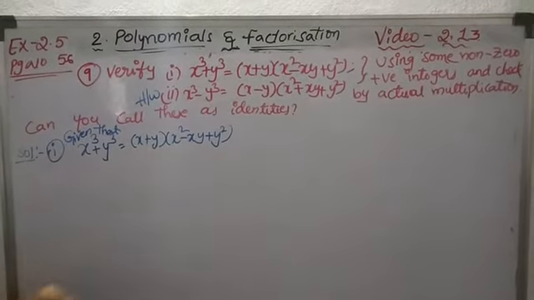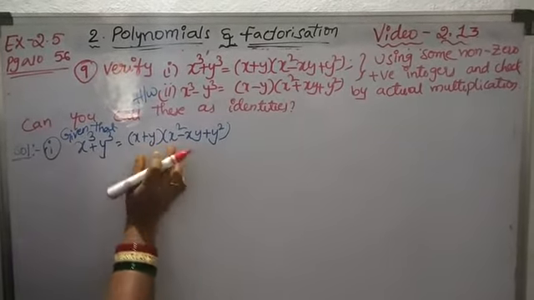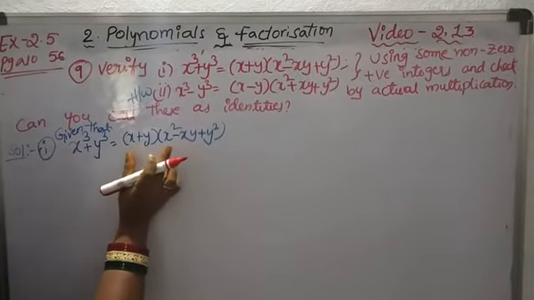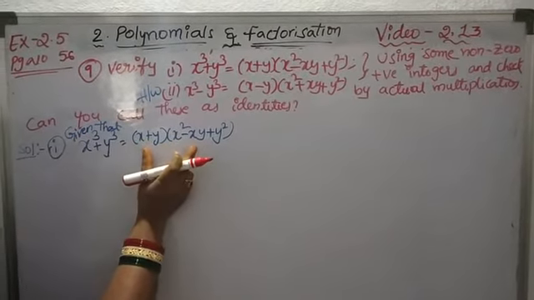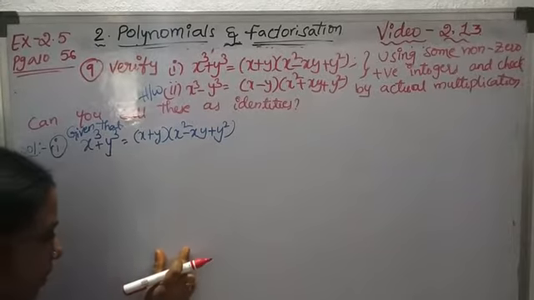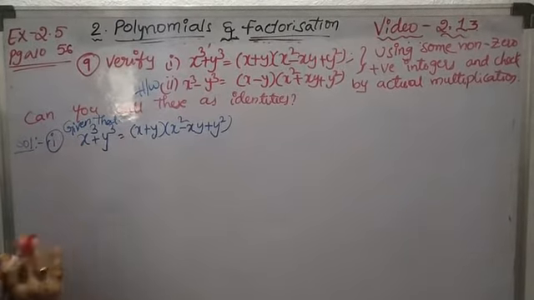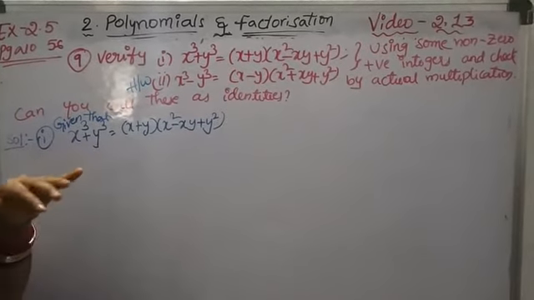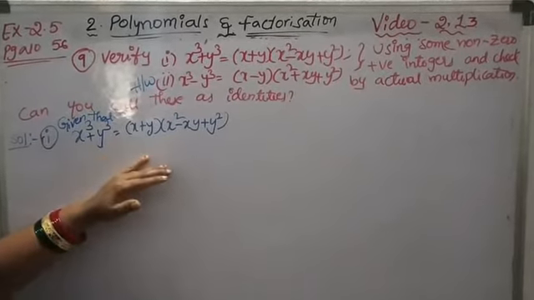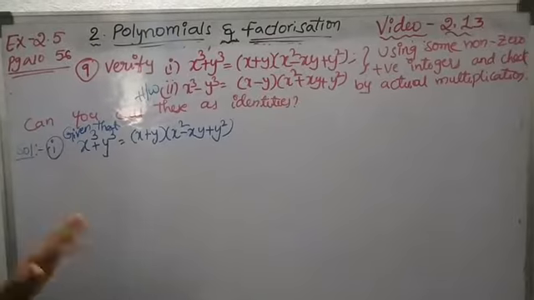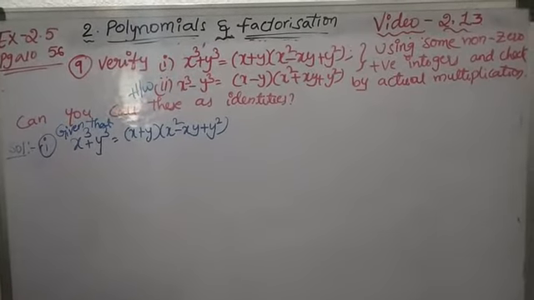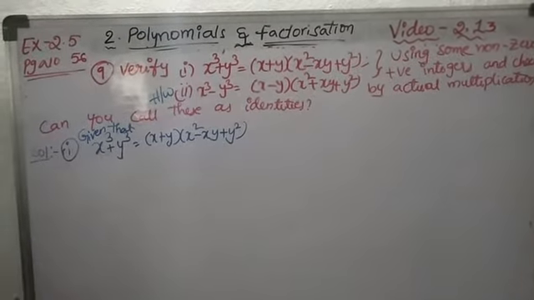Actual multiplication means, on the right side we have two terms. You multiply these two terms and we get the same value as the LHS. So by the multiplication method and by substituting any two positive integers, we will get the same answer. Then we can call these identities.